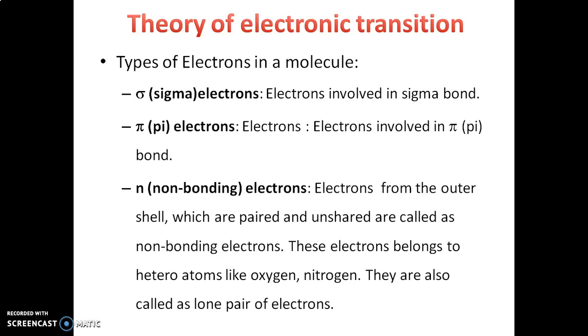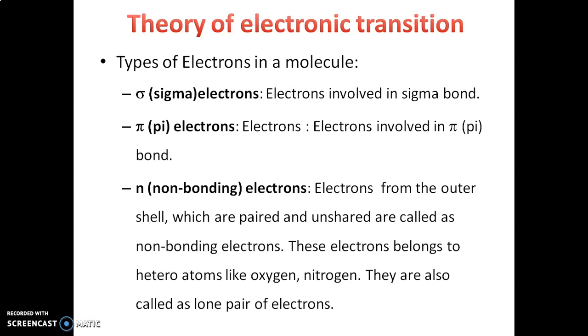Now, before going to the theory of electronic transition, we'll just have a look at the different types of electrons present in a molecule. We know that organic molecules are formed by the sharing of electrons. Due to the sharing of electrons, there are two types of bonds in an organic molecule. One is called a sigma bond, another is called a pi bond.